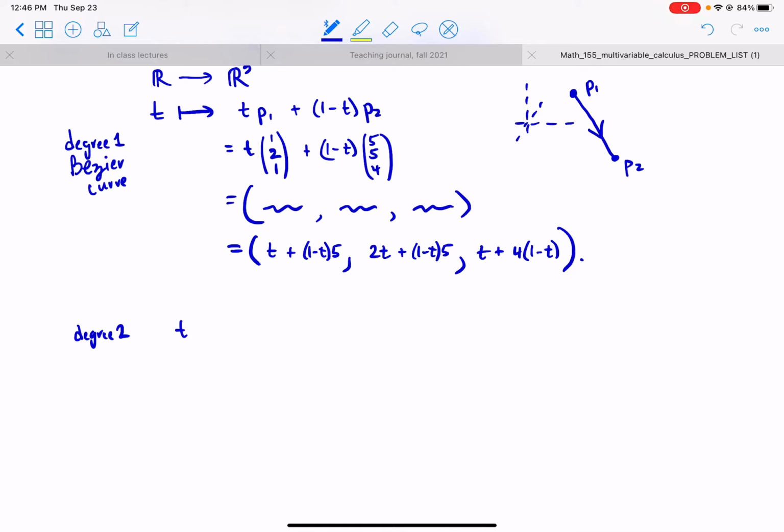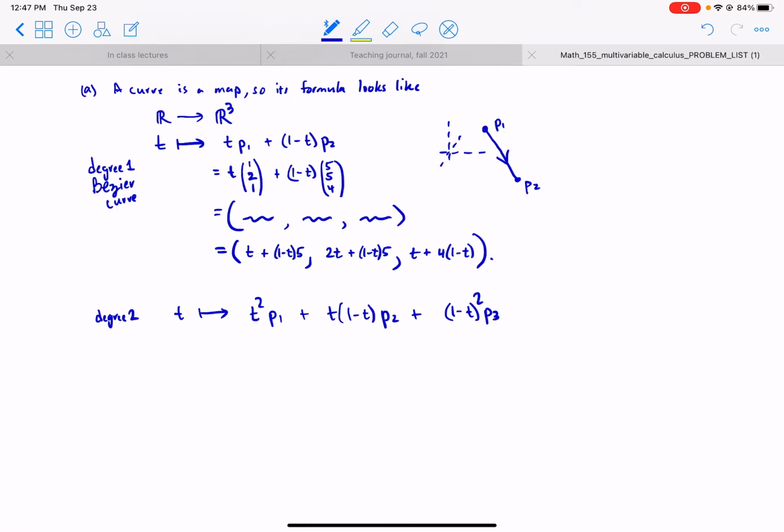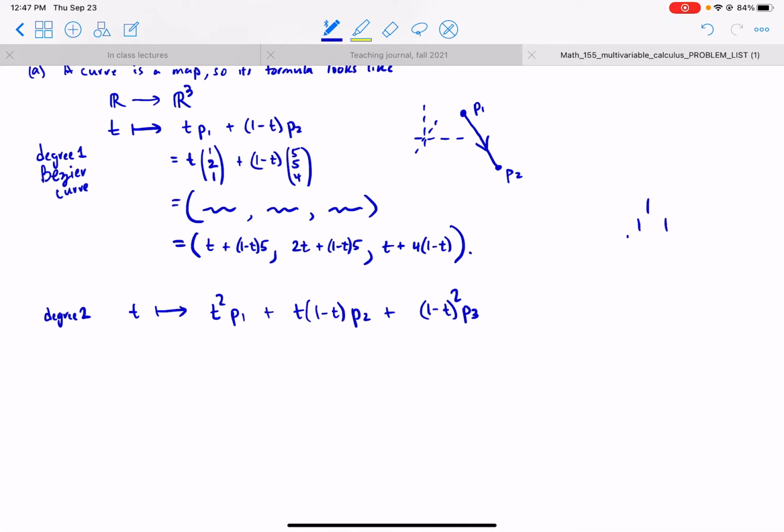So this one, the formula will be t squared P1 plus t times 1 minus t P2 plus 1 minus t squared P3, and then I realize, oops, I made a mistake because I need a 2 there.